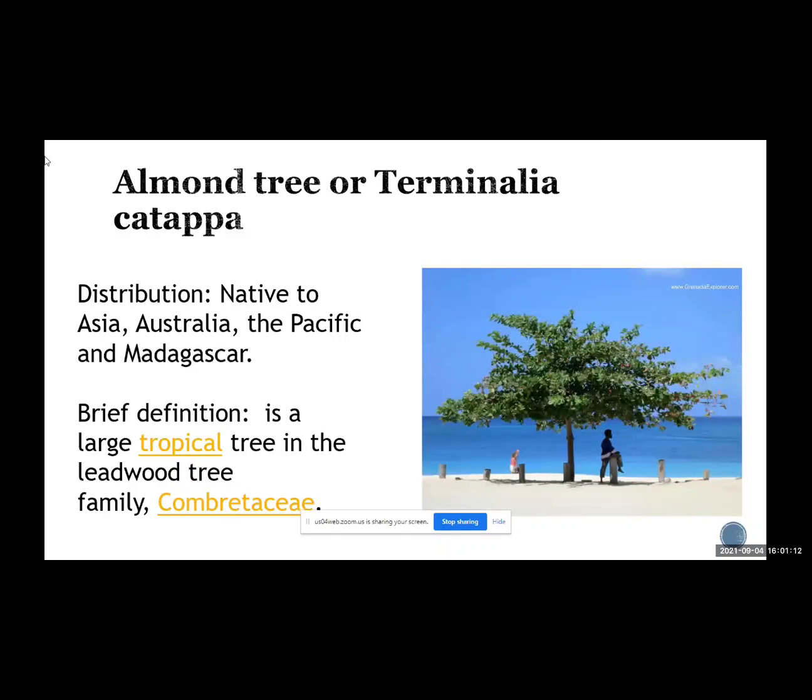The almond tree or Terminalia catappa can also be called, wait. English common names include country almond, Indian almond, Malabar almond, tea almond, tropical almond, beach almond, and false kamani. Its fruits all taste like almond nuts.